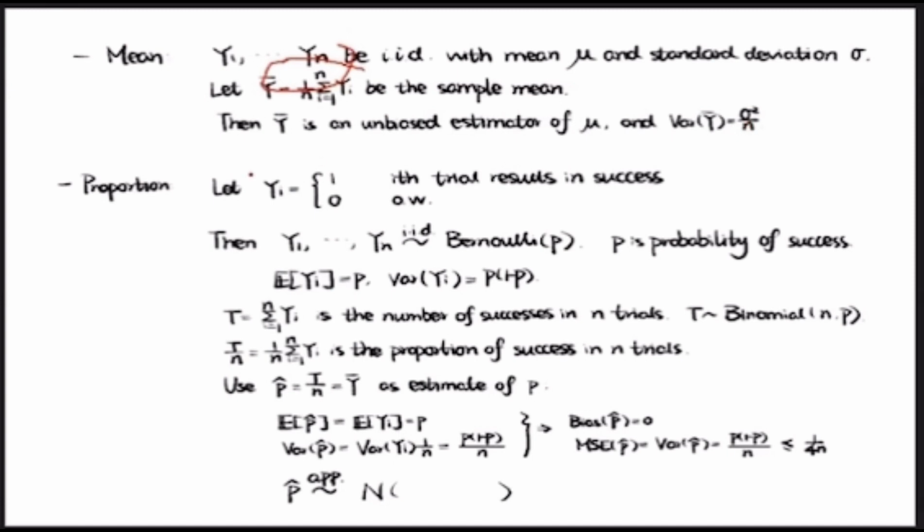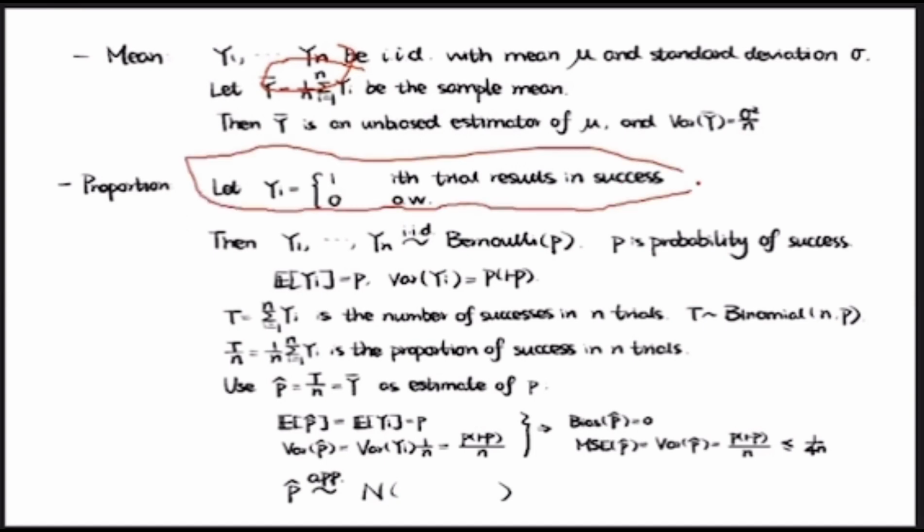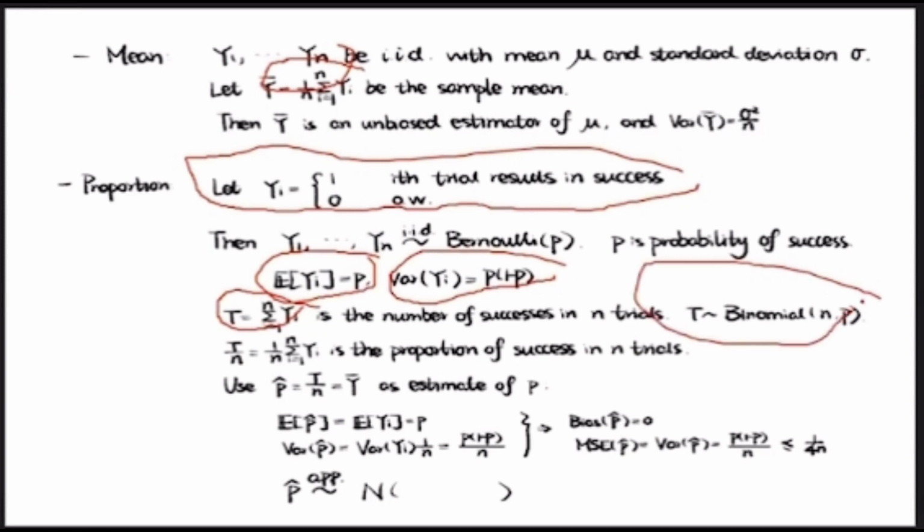Now, if you go to proportion where we're actually having two possible outcomes, you remember the other time where we defined that, and each of that is going to follow Bernoulli. The mean is that, the variance is that. If I'm no longer talking about one trial, if I'm talking about the sum of the Bernoulli, that will become binomial. You remember?